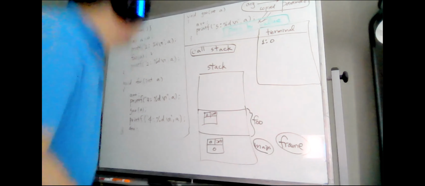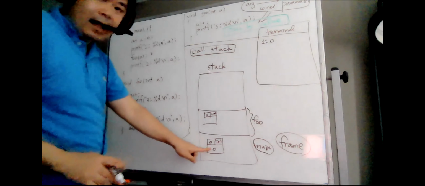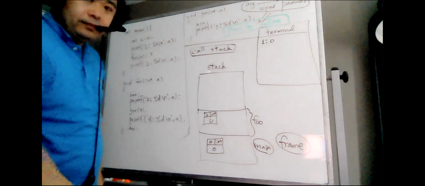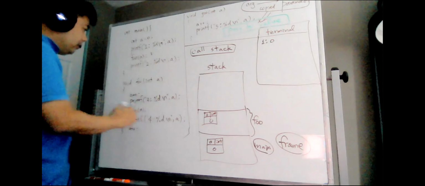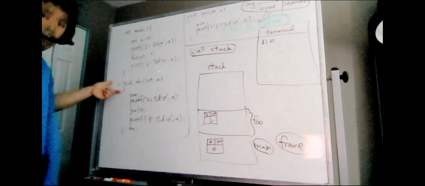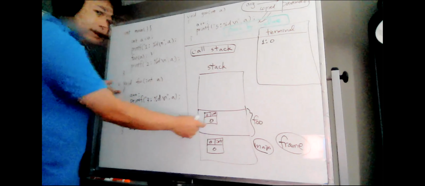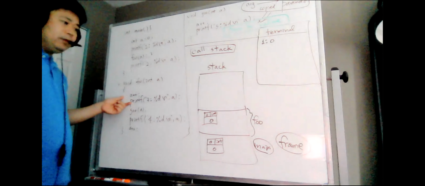Now, A is 0, and that value is copied into here, 0. What does that mean? Program control jumps here, and then A is established. The input parameter is set up. Now move on here: A++.